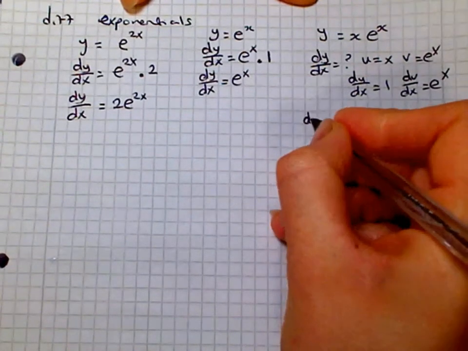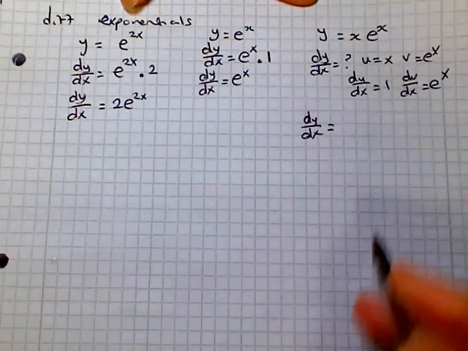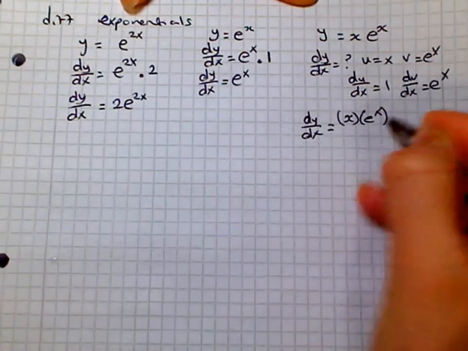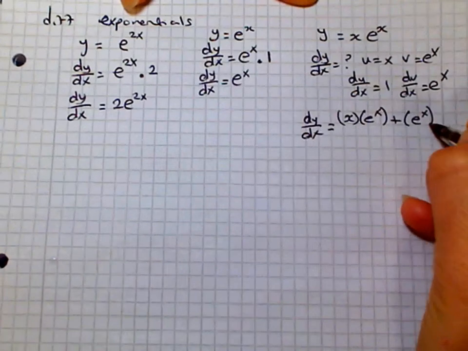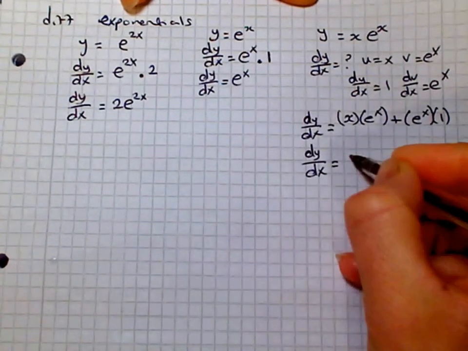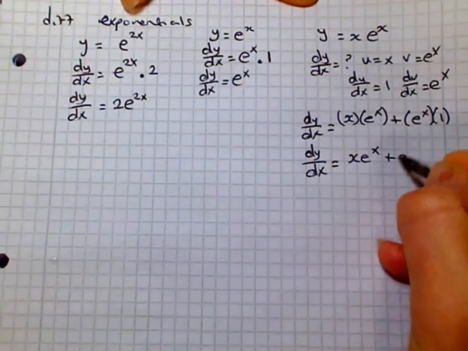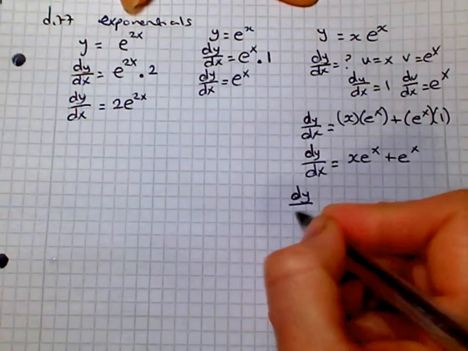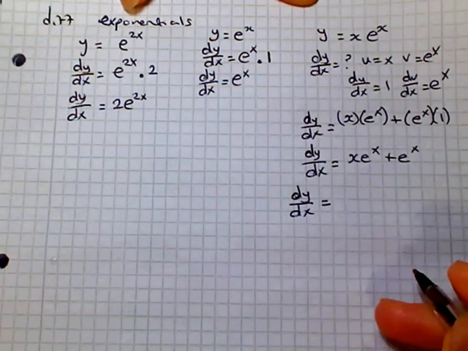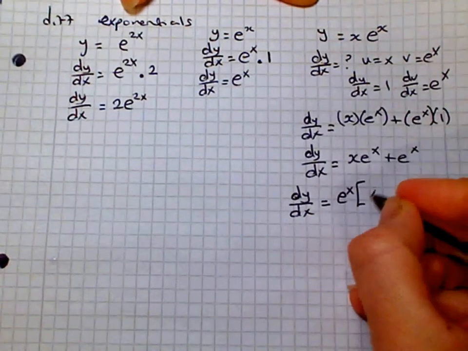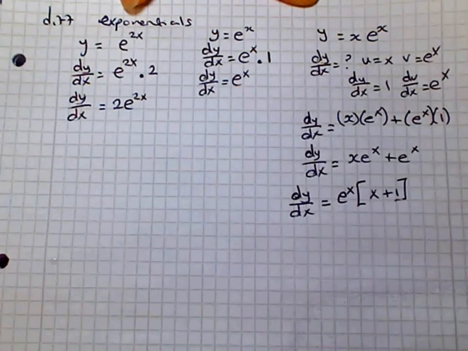Then dy/dx, your product rule, which is u dv/dx, x by e to the power of x, plus v du/dx, which is 1. So dy/dx is x e to the power of x plus e to the power of x. Now, as this could be used as part of a bigger question where you would have to simplify, I would advise taking out the e to the power of x, so you're left with x plus 1.